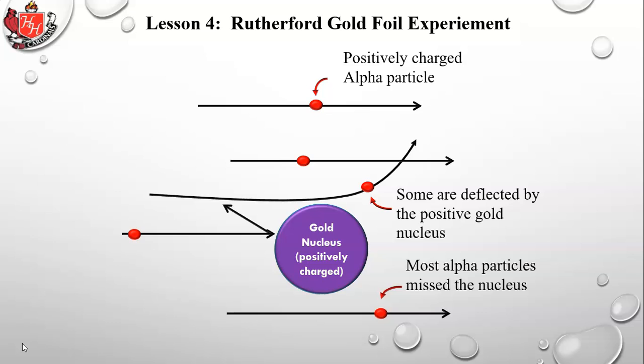An alpha particle is 2 protons and 2 neutrons, so it's positively charged. Some are deflected by the positive charge of the gold nucleus, because the gold nucleus has protons as well. So it's going to cause the protons in the alpha particle to be repelled and push away. But occasionally a few hit it directly and bounced back.